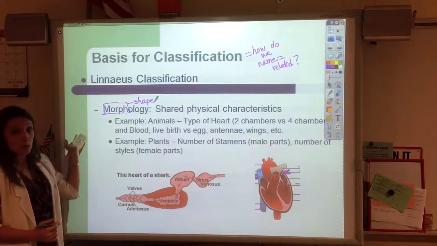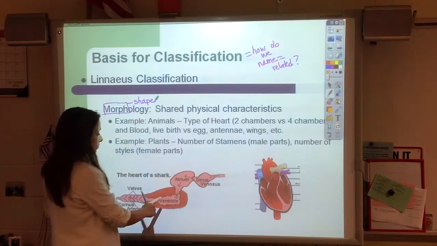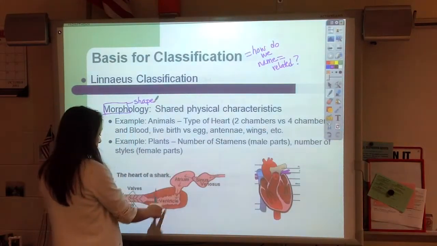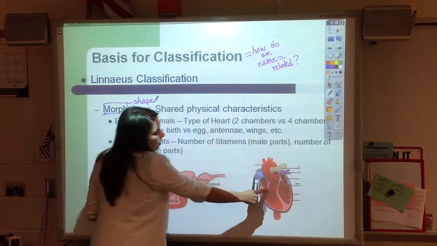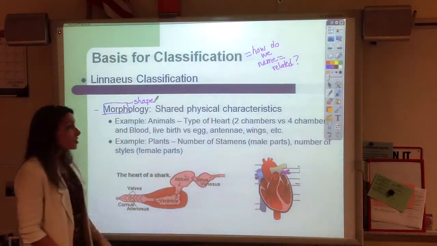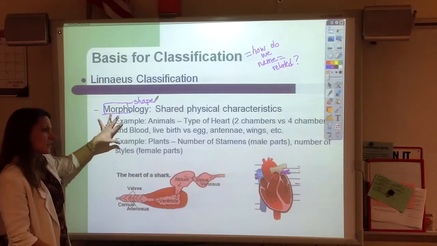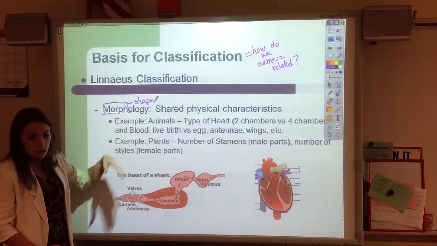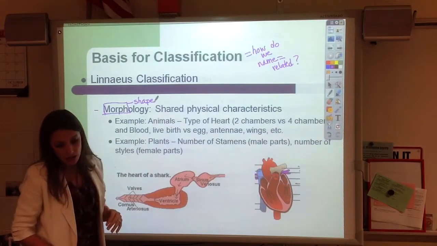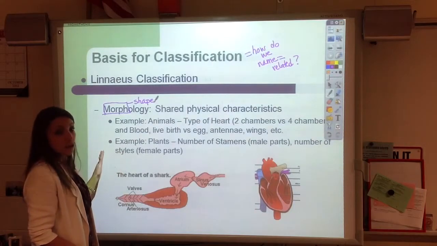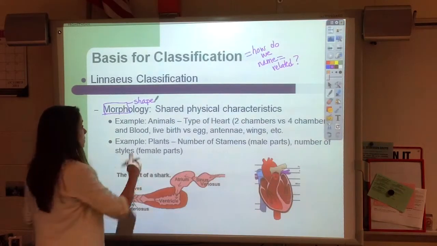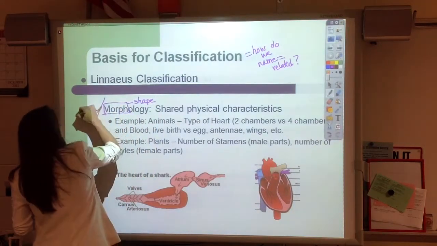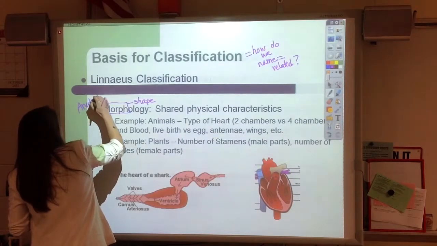So for example, some animals, their heart only has 2 chambers, like a shark. But a mammal, our heart has 4 chambers. So this is like when we talked about anatomy. So using morphology is actually going to help us figure out how related organisms are. So we can also write the word anatomy.